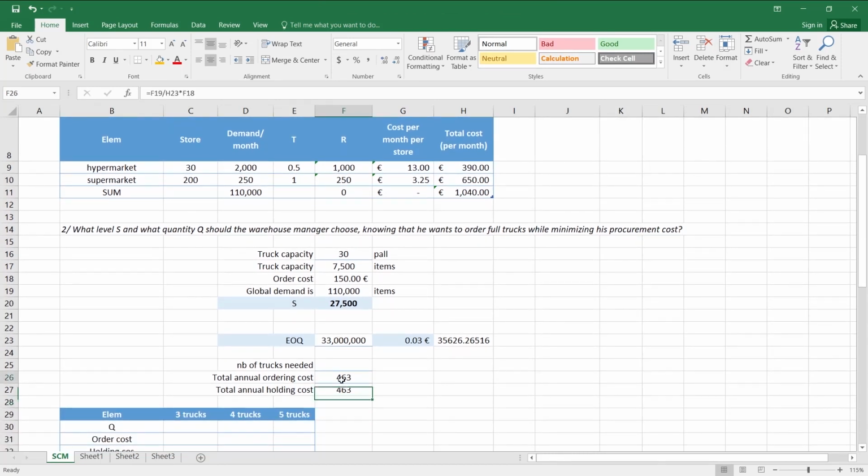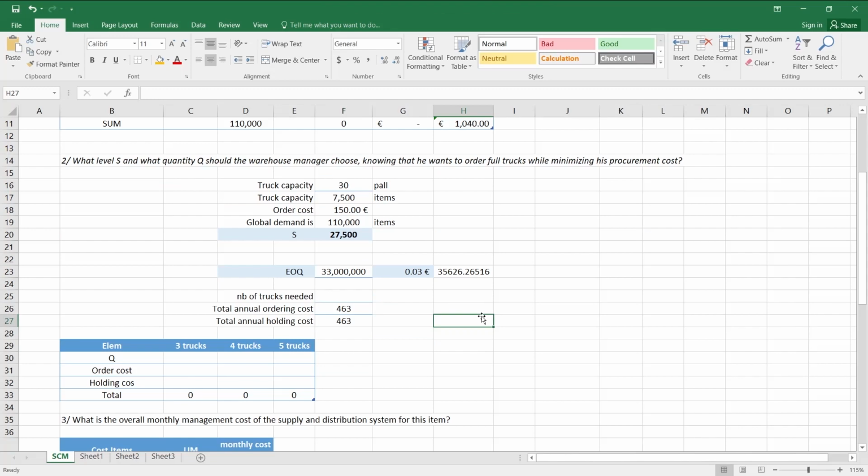You see here that we have the same results. So we have for the annual ordering costs 463, and the same for the annual holding cost. So here we can say that the economic order quantity represents an optimal choice.